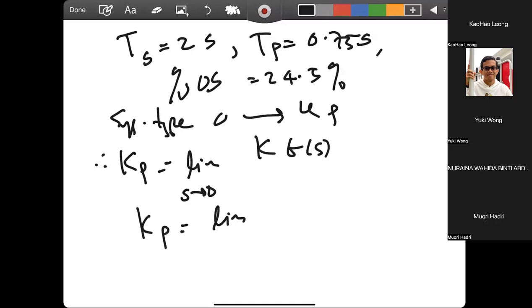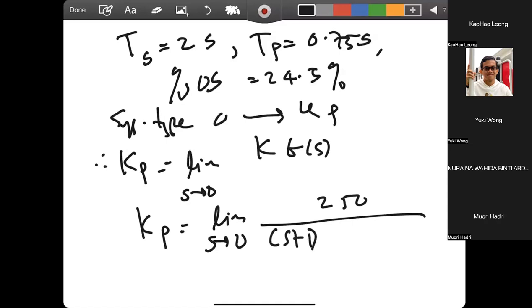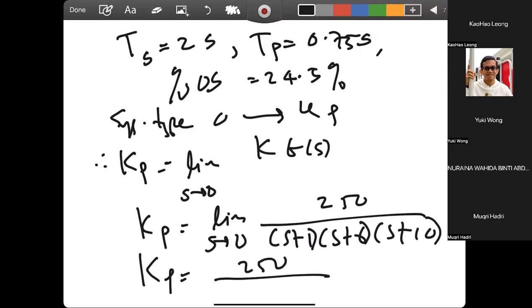So limit s to 0 of 250 over s plus 1, s plus 6, s plus 10. So KP is equal to 250 over 1 multiplied by 6 multiplied by 10, so 4.2.